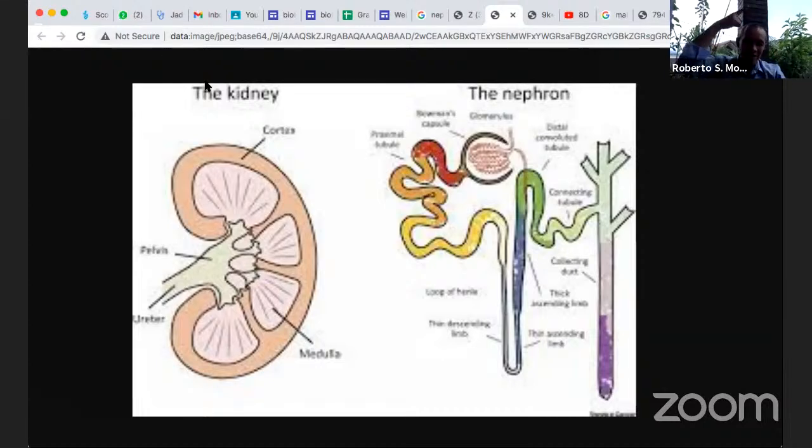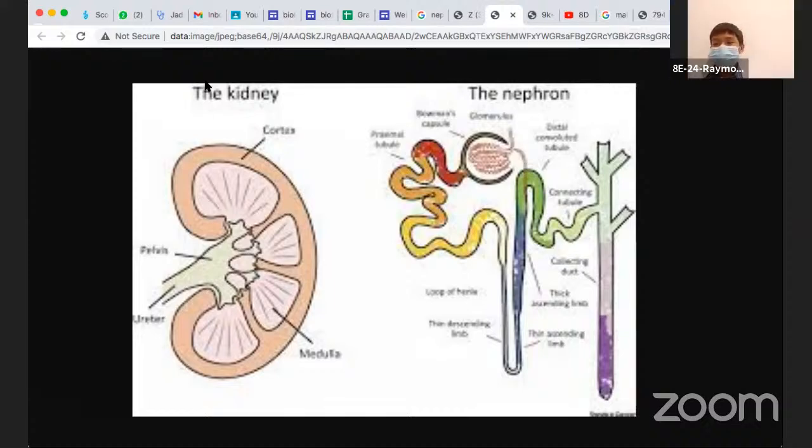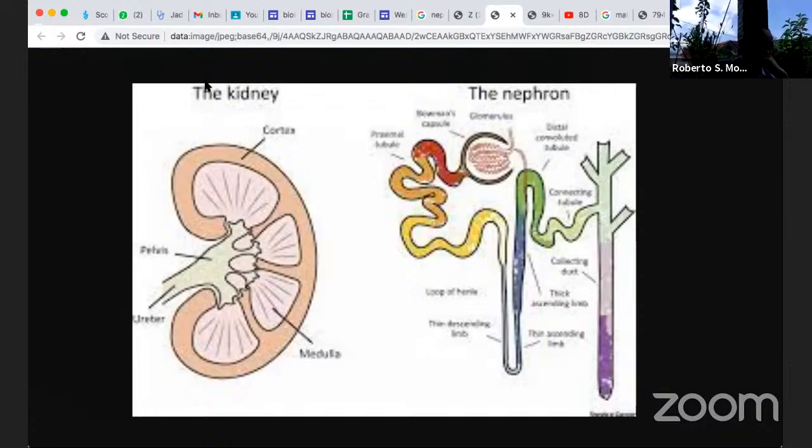Very good. That's reabsorption. And Mr. Raymond, what is the product of the reabsorption process? Secondary urine, right? Awesome. Great answer.